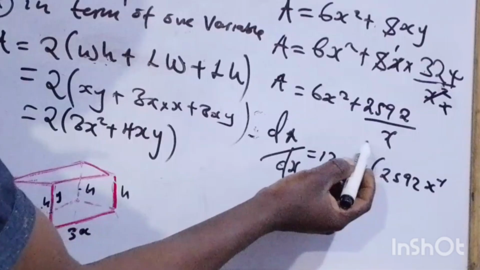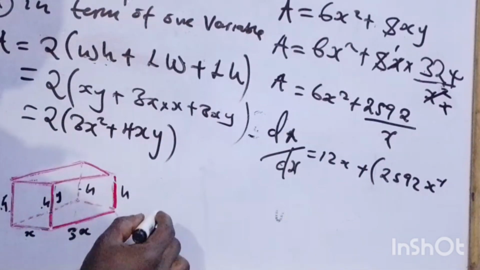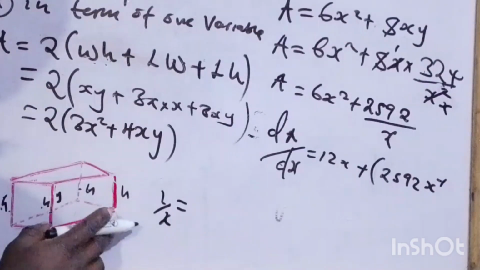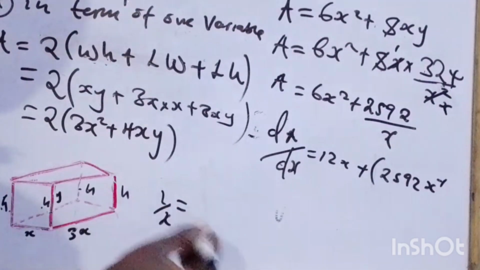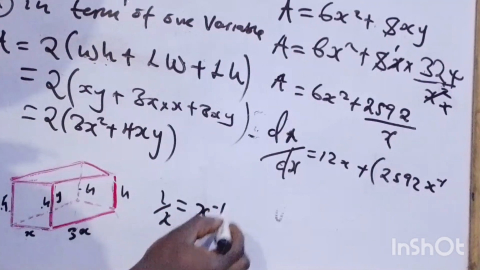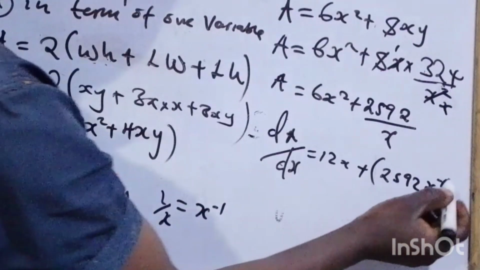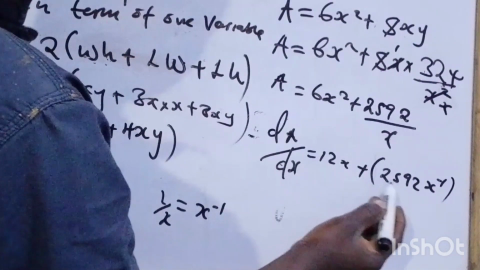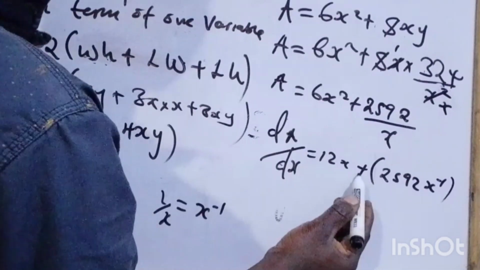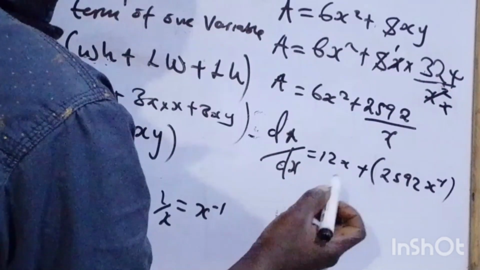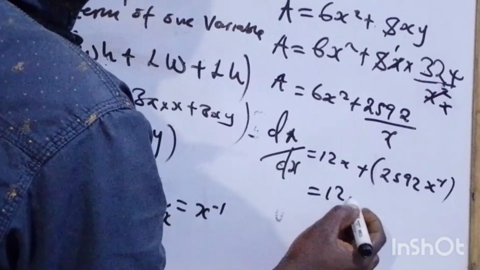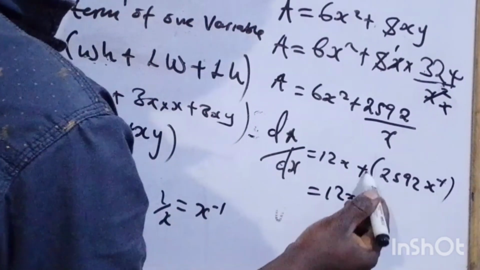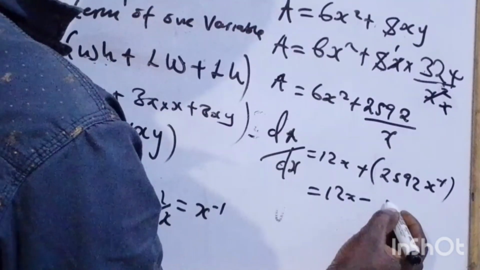In indices, remember that when you have a term like 1 over x, when you want to take it into negative indices, you are going to have x minus 1. So this is the same thing here, in which negative 1 times this value, we are going to have as the negative here, in which we are going to have 12x minus, because of this negative here, positivity is affected.